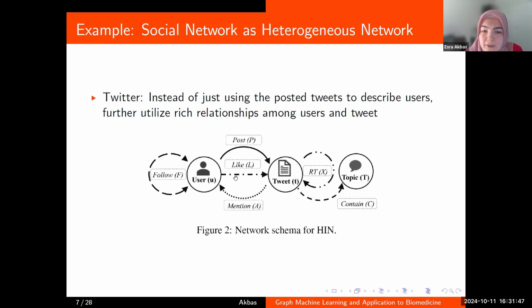We can even define different types of relations between them: a user posts a tweet, likes a tweet, a tweet can mention a user, and a tweet can retweet another tweet. It may also contain a topic, which creates another type. So we create this complex structure, and we call it a heterogeneous network, not just one type of node. Here we have different types of nodes and different types of relations between them.